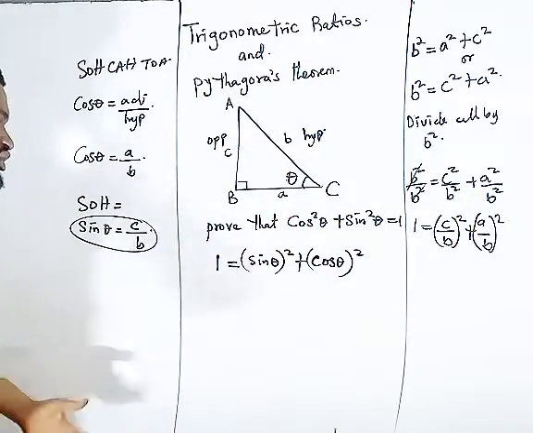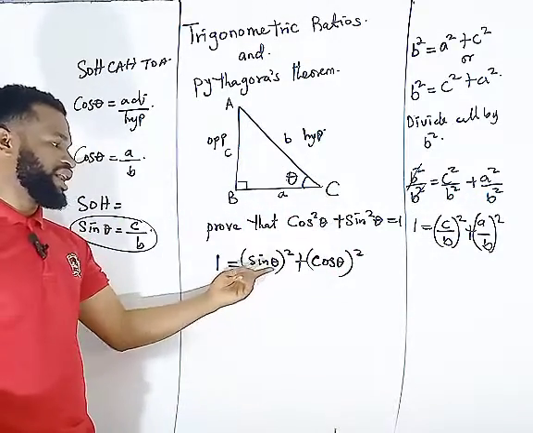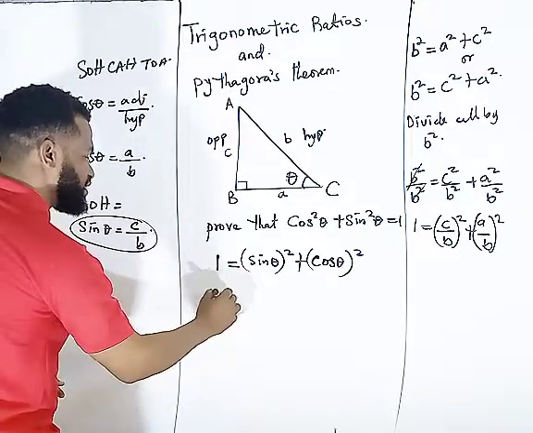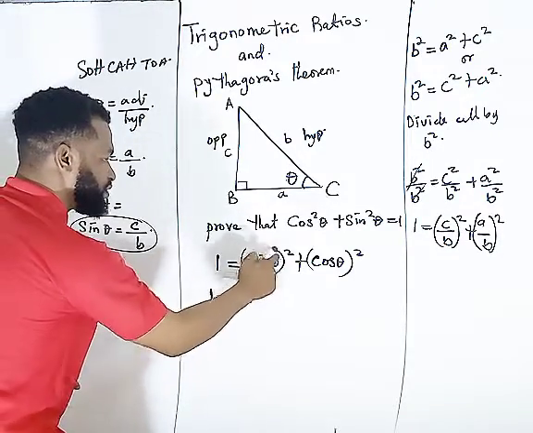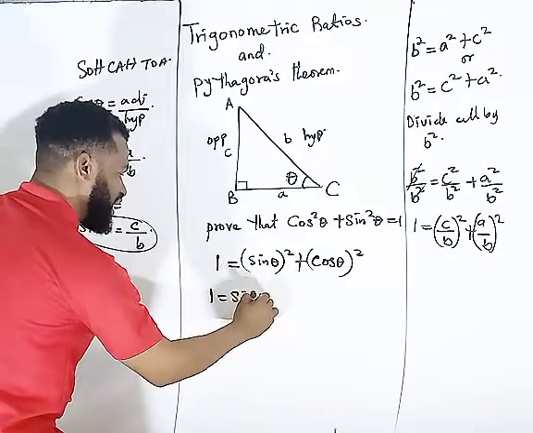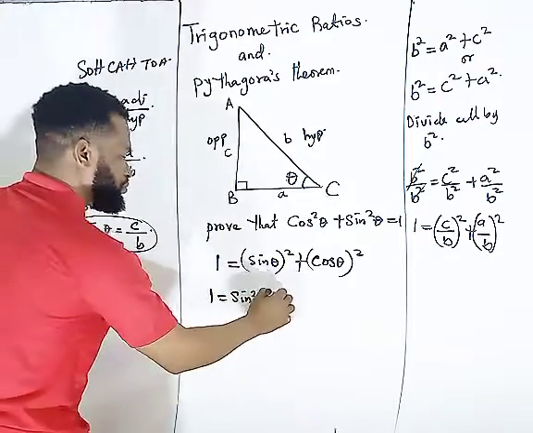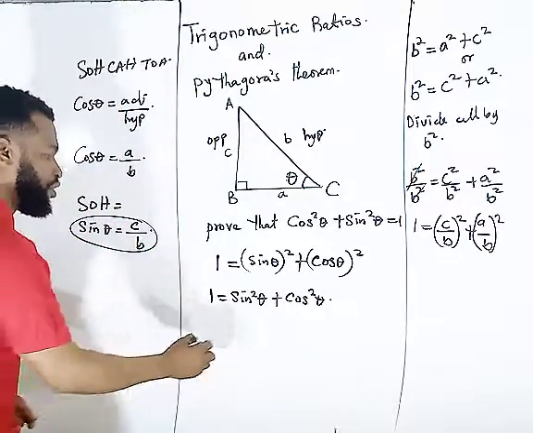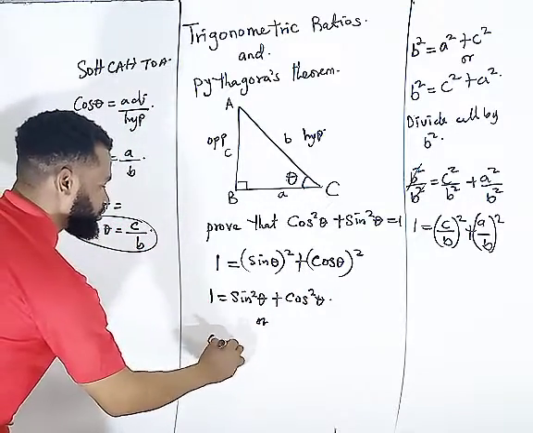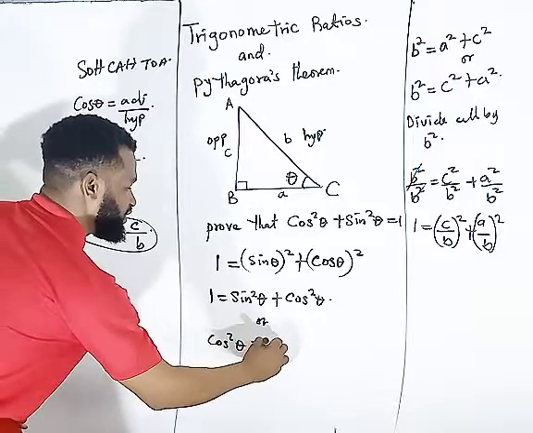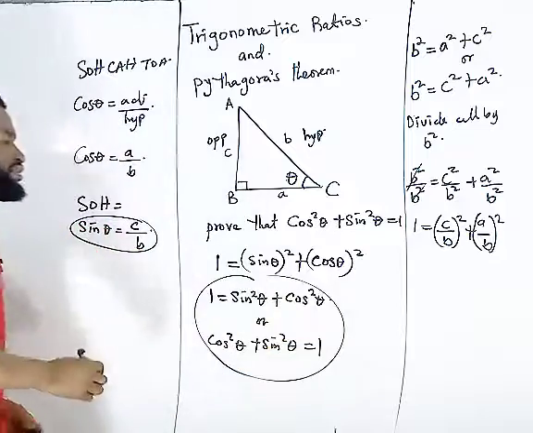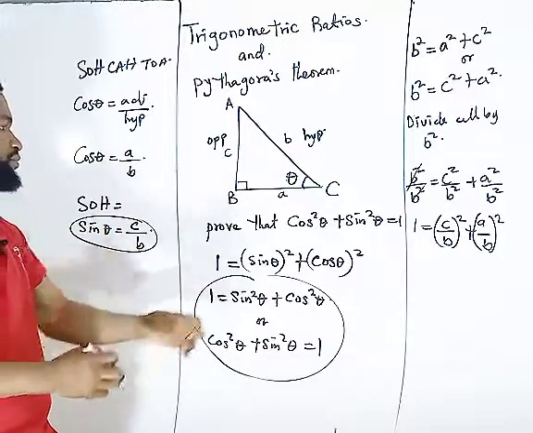But in trigonometry, we don't write square of trigonometric ratios this way. We write it this way. We say 1 is equal to sine squared theta, the 2 comes in between, this is how we write it, plus cos squared theta. It can also be cos squared theta plus sine squared theta equal to 1. And this is the proof for this.